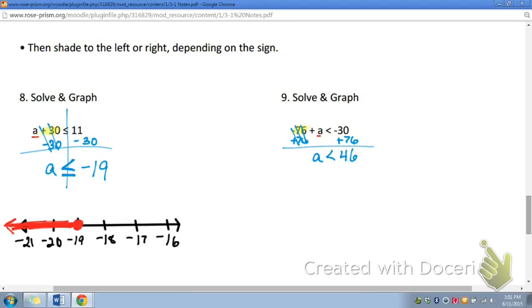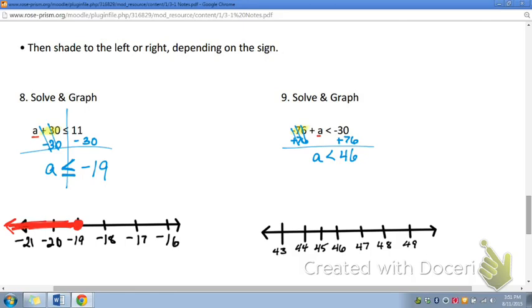So now I'm going to graph this. Right here in the middle somewhere, I'm going to put my 46, then 47, 48, 49, and then the other way, 45, 44, 43.